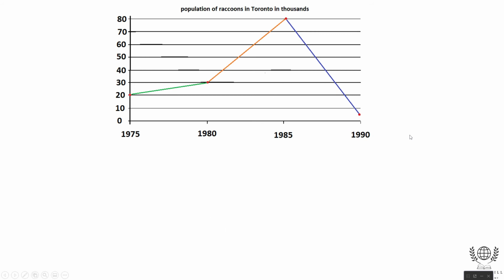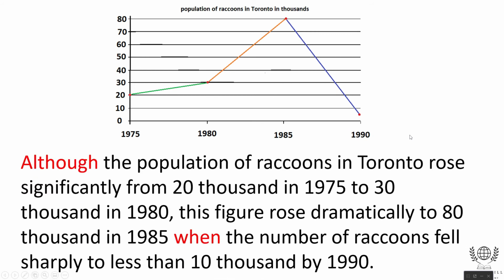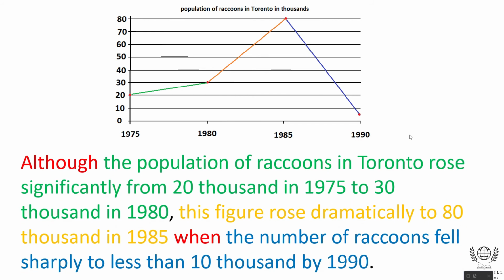As we can see, we are actually combining all of that information using although and when, and we're combining three different trends using these two subordinations. The first subordination, although, effectively combines the first and second trend, and when, which is again followed by a date, a time, signals the change into a third trend.